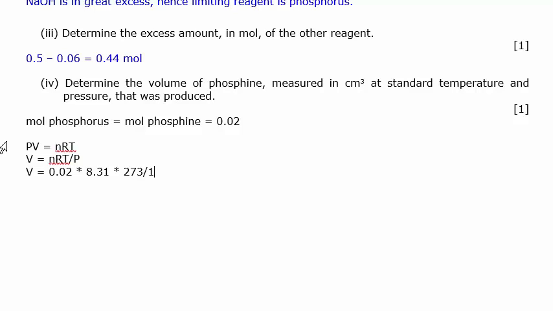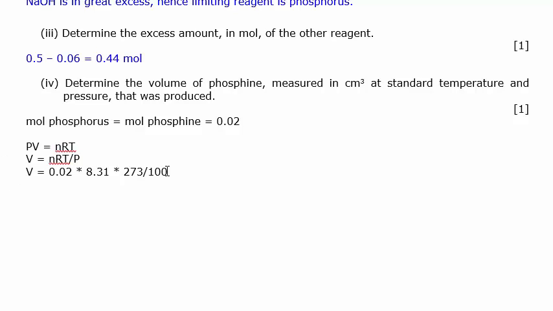Pressure is 1.0 times 10 to the 2, because we're going to do this in kilopascals. Well, let's just write it as 100. It's easier, isn't it? 100.